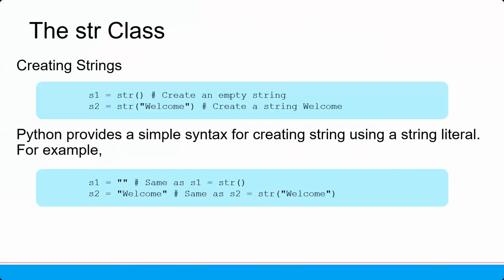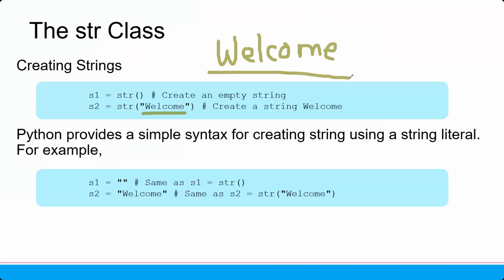So a string is a kind of class, and it is a sequence of characters. So we have W, E, L, C, O, M, E. It is a sequence of characters.